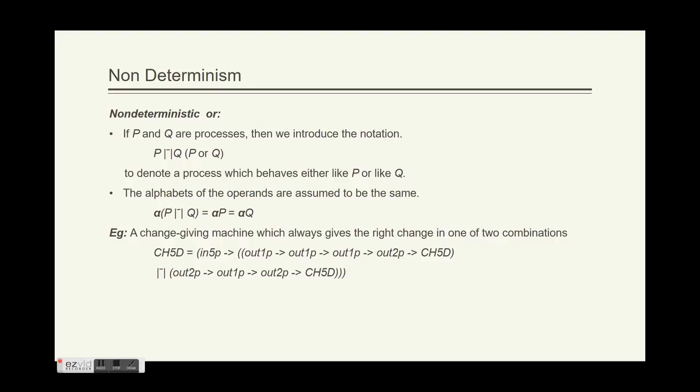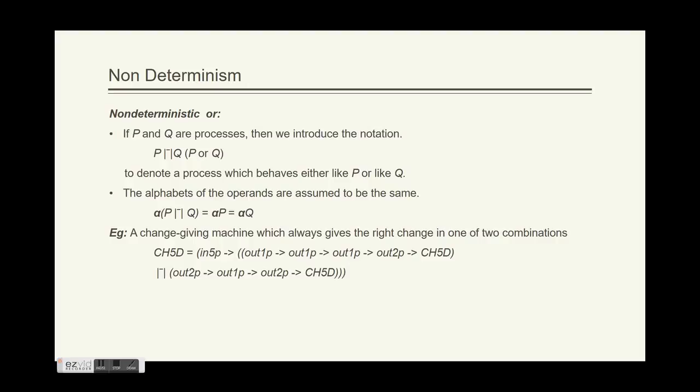A change giving machine which dispenses change for a dime: it takes the input of 5 and then outputs either the sequence of events of giving 3 1-penny coins and 1 2-penny coin and then going back to the initial state, or it outputs 2 pennies and 1 penny and goes back to the previous state.